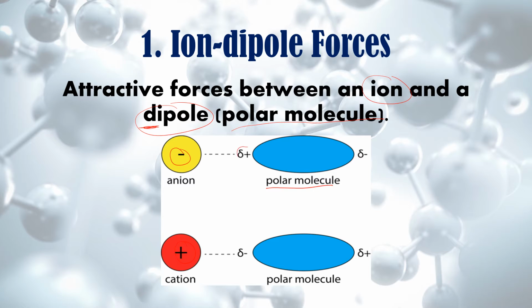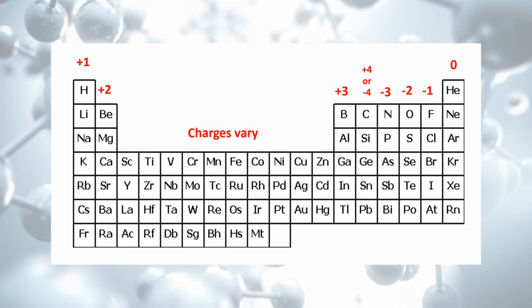So one end is partially positive, the other end is partially negative. So opposite charges attract. So an anion will be attracted to the partial positive charge of the polar molecule, and the cation will be attracted to the partial negatively charged side of the polar molecule.